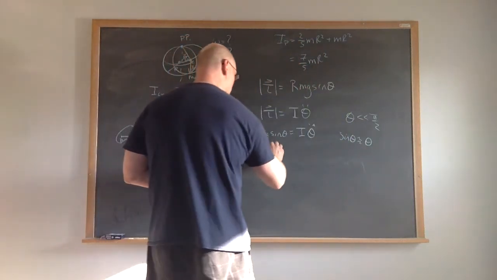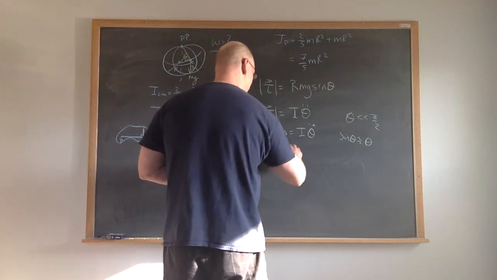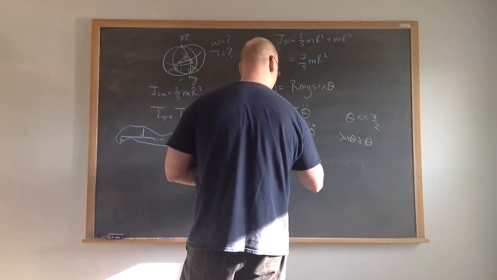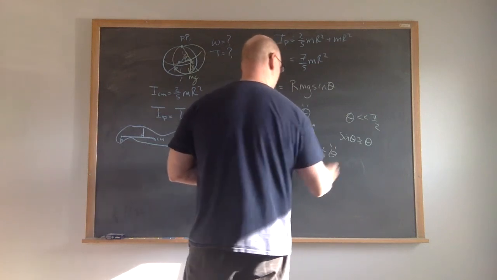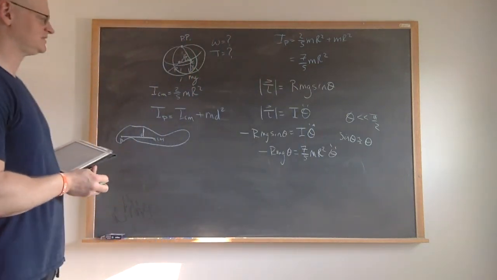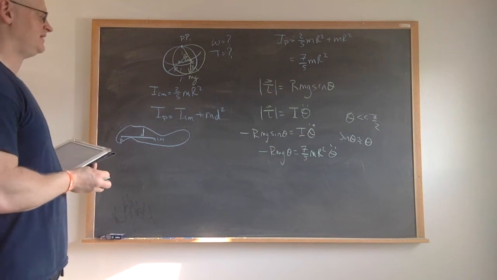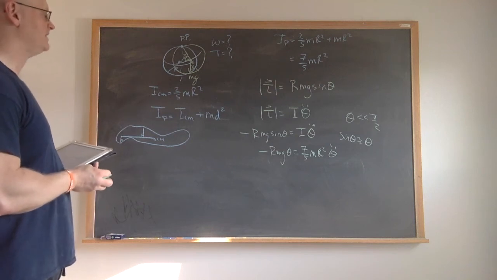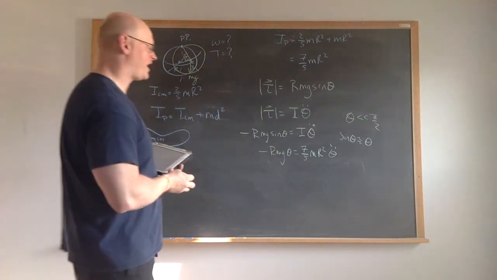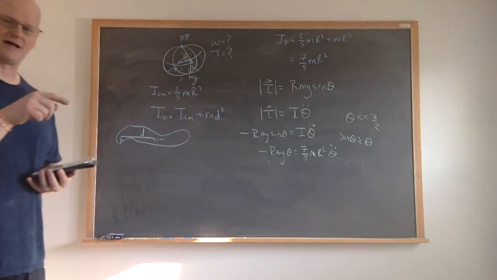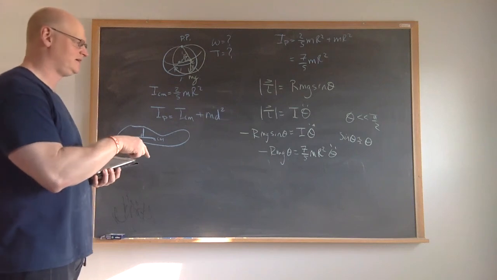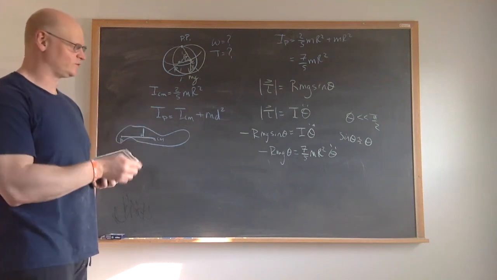So this is going to become minus r mg theta is equal to 7/5 mr squared times theta double dot. Now, from here, all we have to do is get it in the same exact form as before, where before we had x double dot plus omega squared times x equal to 0.